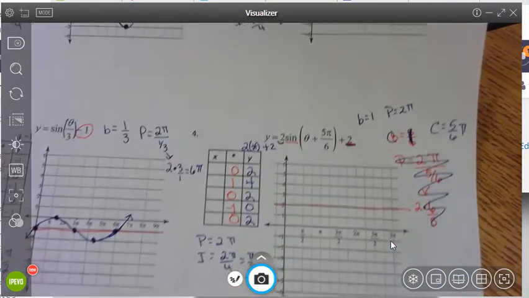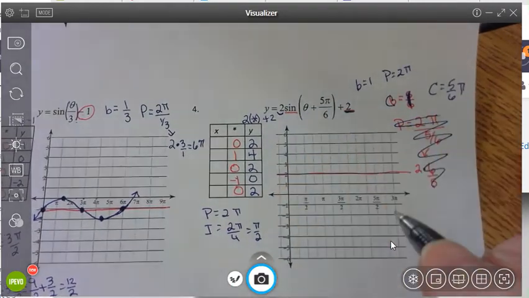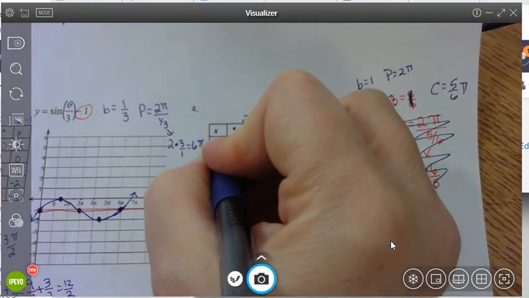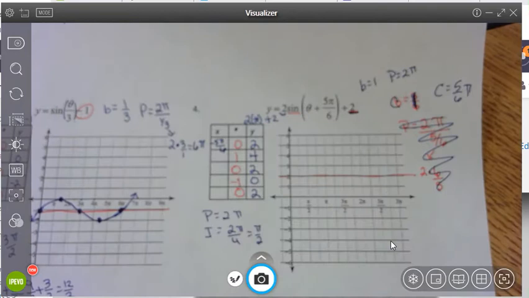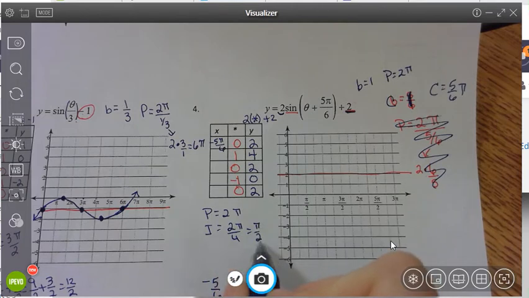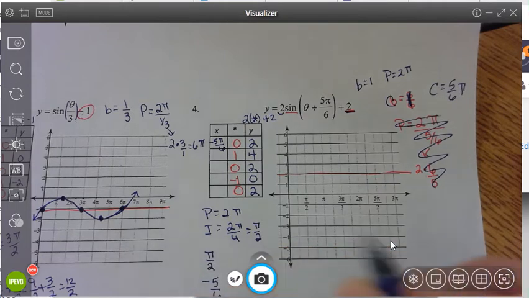Now this is a little bit of a pain because it has to start at negative 5 pi over 6. So this is negative 5 pi over 6. Now, if I'm starting at negative 5/6 and I want to add pi over 2, I need to turn this pi over 2 into something nicer. This still is not nice, but it's nowhere as bad as it started.